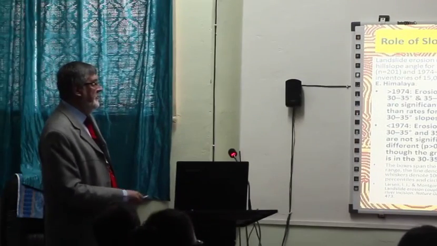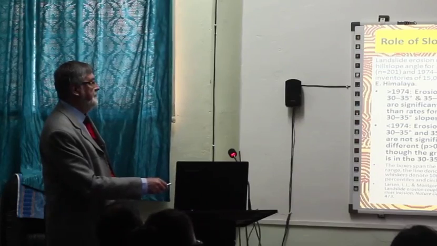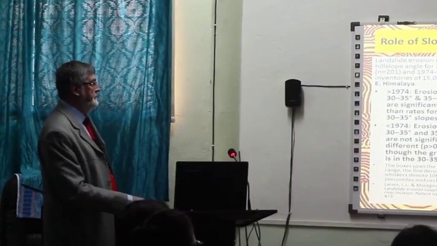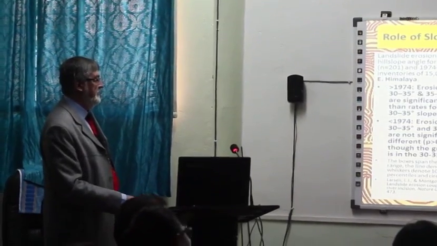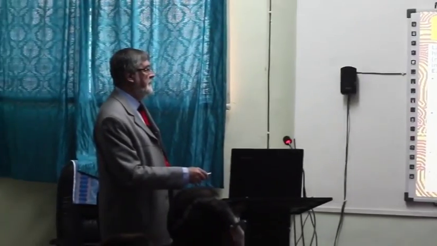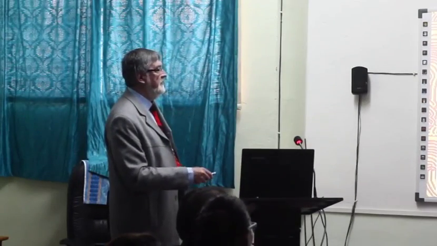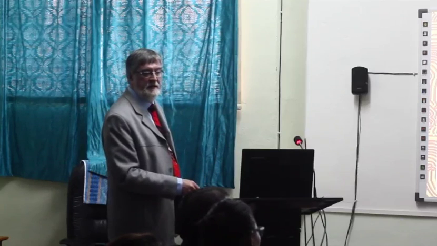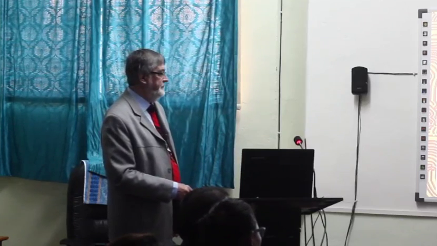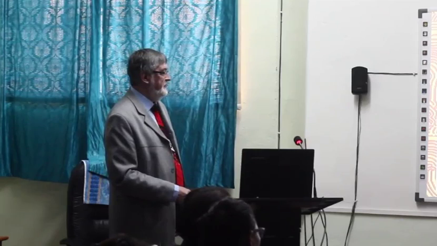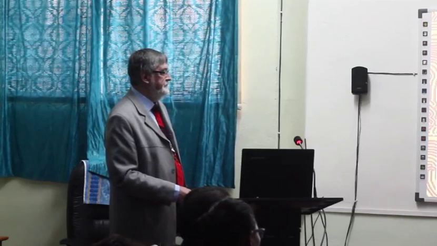Here we have landslide erosion rate across a particular area. I think it's a kilometre area. Again, look at that scale. That's a typical logarithmic scale that you see in all of these kinds of studies. This is the effect of the slope angle.